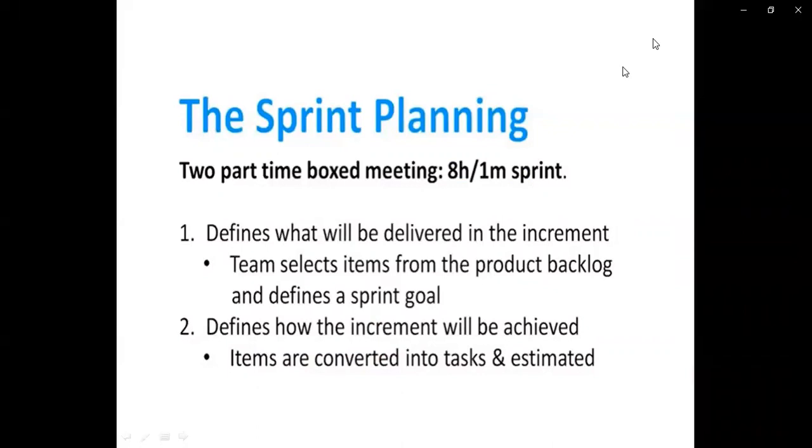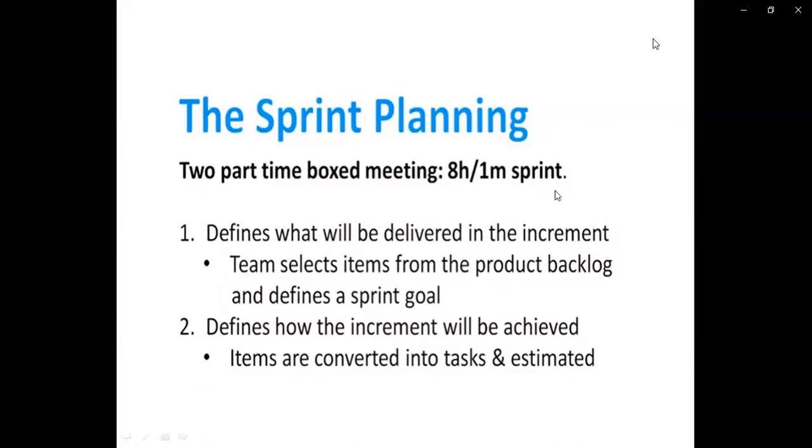That is considered according to the team's items selected from the product backlog. According to the priority, they will execute and define the sprint goal. Also, they define whether the increment will be achieved for the particular sprint or not. That means how we are going to execute that task. So items are converted into tasks and they estimate those tasks according to the need of the customer.